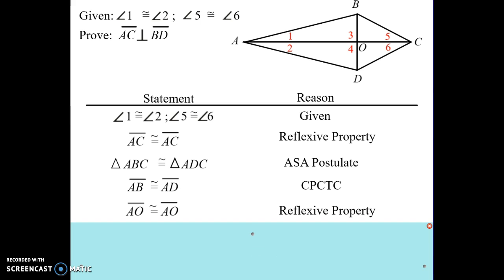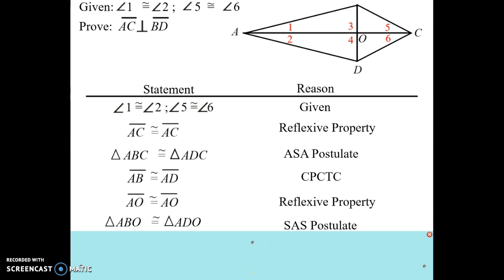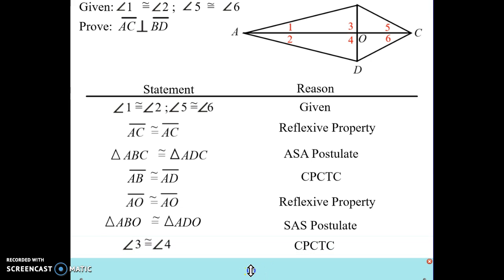Next, we know that AO is congruent to itself by the reflexive property. Then we can say that triangle ABO and ADO are congruent to each other by the side angle side postulate. Next, angle 3 and angle 4 are congruent because of CPCTC.